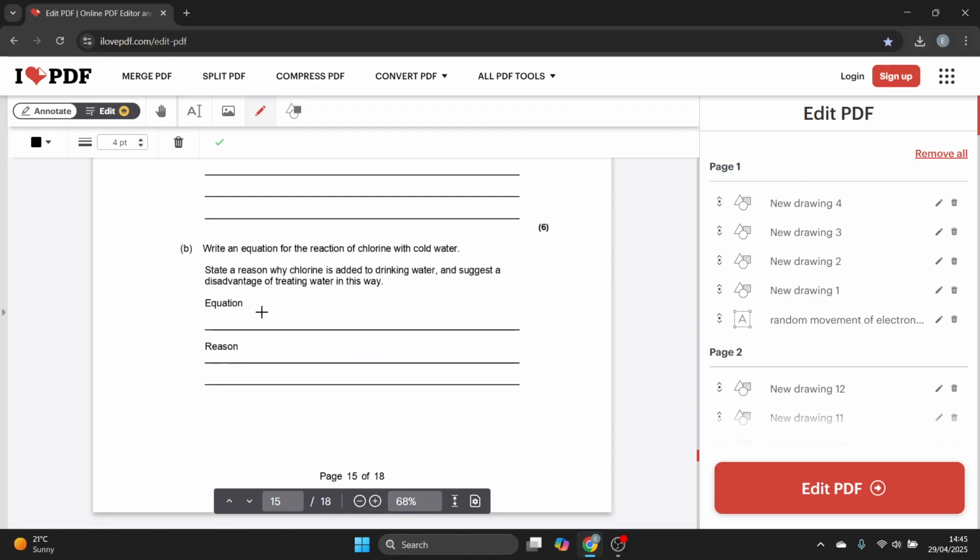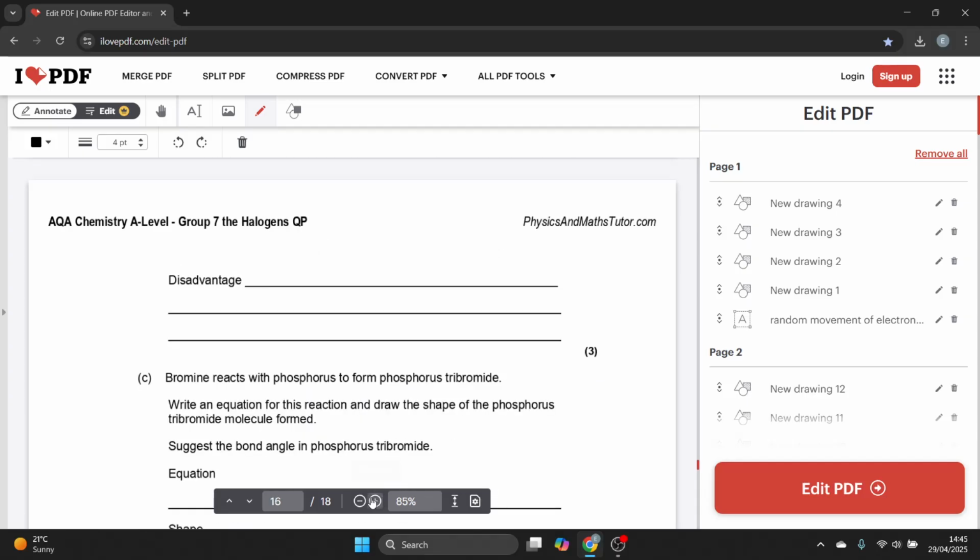One equation for the reaction of chlorine with cold water: Cl2 plus H2O, reverse reaction, HCl plus HClO. Give a reason why chlorine is added to drinking water and suggest a disadvantage of treating water in this way. Well, it kills bacteria, that's why it's added to drinking water. And the disadvantage of treating water in this way, I've never seen this kind of question before.